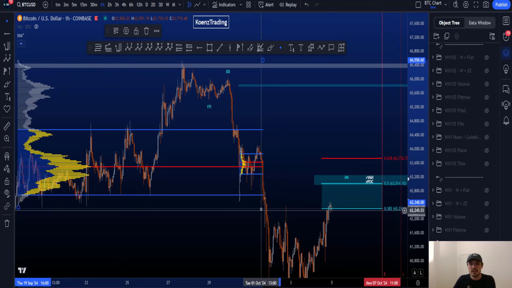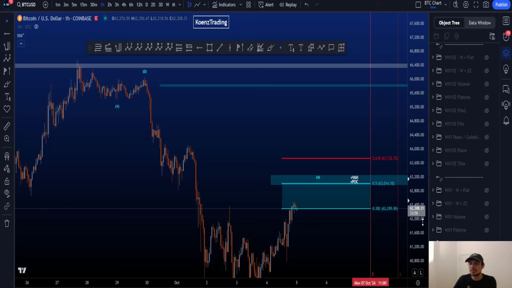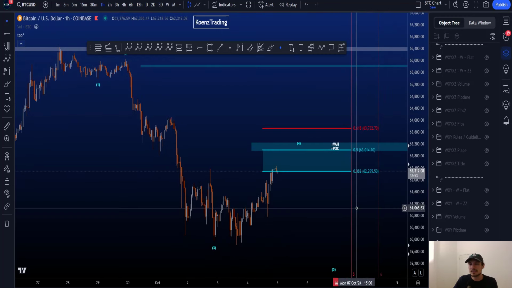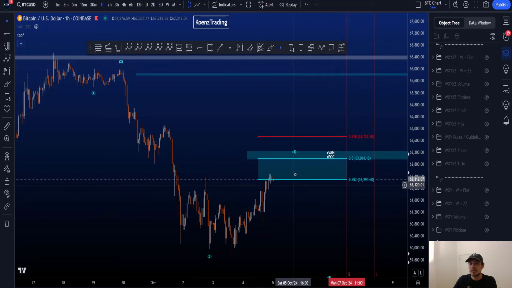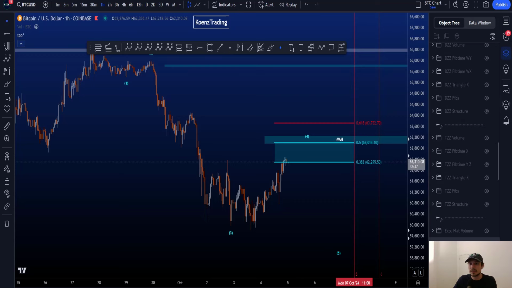So this ranging area, you see the point of control is similar, and a value area high at 64.6k as resistance. But it is not significant. It is not comparable to the usual levels that I am looking for, that I fit inside my target boxes. So these two levels to the upside at the moment are important for the bearish scenarios.